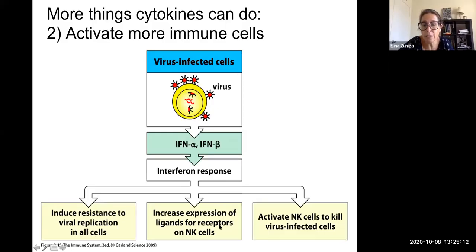They can also activate natural killer cells, by enhancing their killing capacity or the expression of activating receptors on natural killer cells. We will learn more about natural killer cells later, okay? But remember that interferons can activate these natural killer cells.